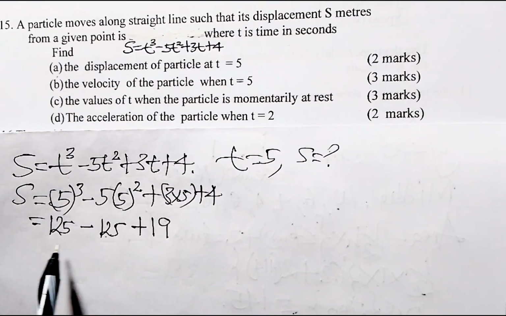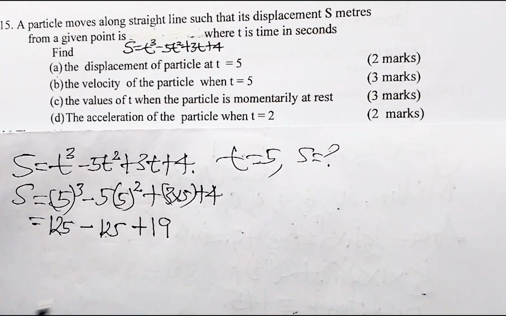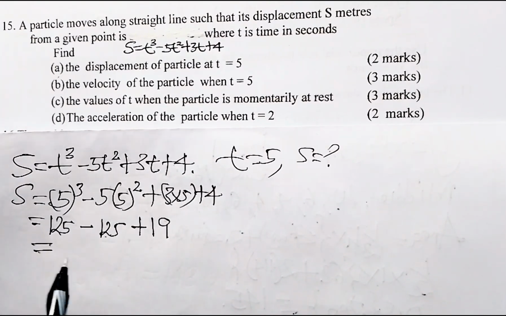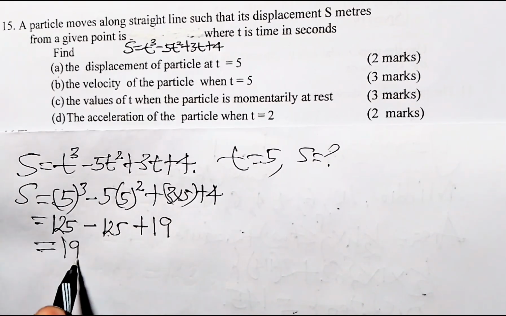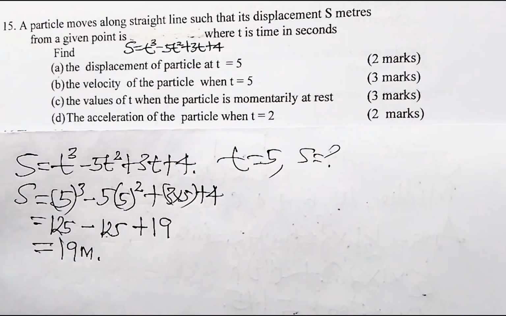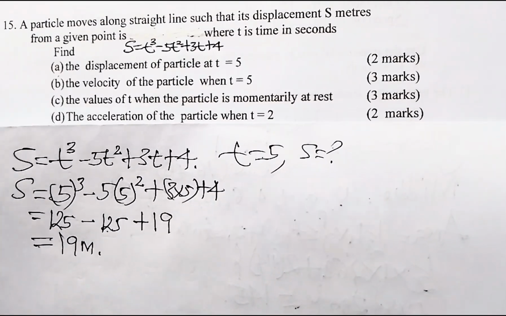So 125 minus 125 is 0 plus 19. So the answer becomes 19 meters. That is the answer in part A.